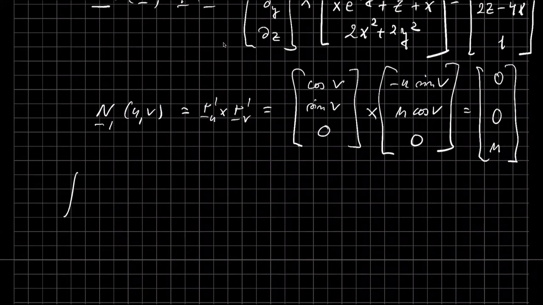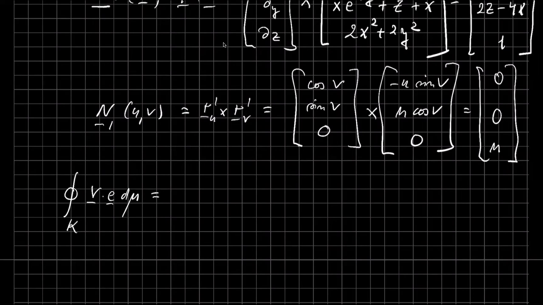So let's try to calculate this circulation. This will be the curl flux along the surface F1.